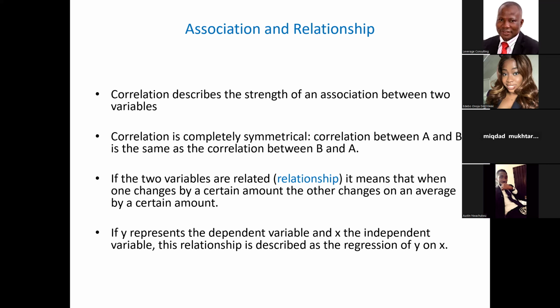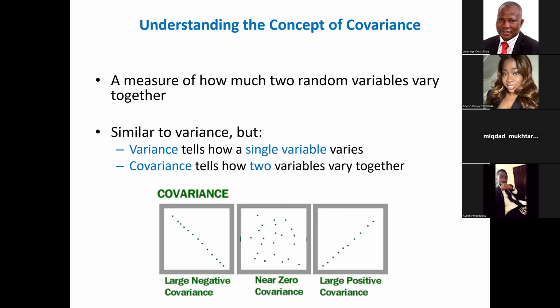If Y represents the dependent variable and X the independent variable, this relation is described as regression. So if we are talking about relationship, we talk about regression, but when you talk about just strength of association, we talk about correlation.